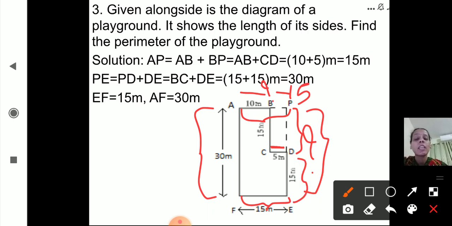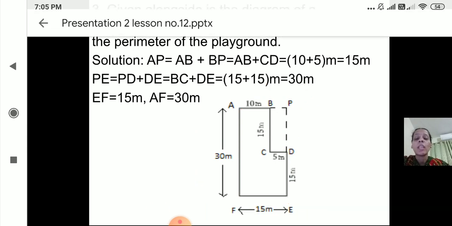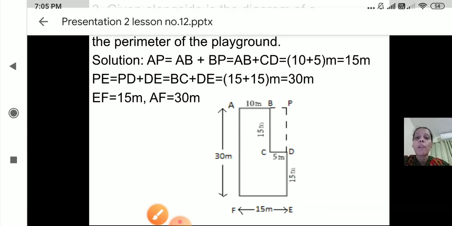In this, DE is given 15 meter and PD is not given, but PD is equal to length of BC. So length of BC is 15, means length of PD also 15. So 15 plus 15, that is 30 meter. Now this is 30 meter, this is 30 meter, this is 15 and this is 15. Now we can add all the 4 sides to find out the perimeter.